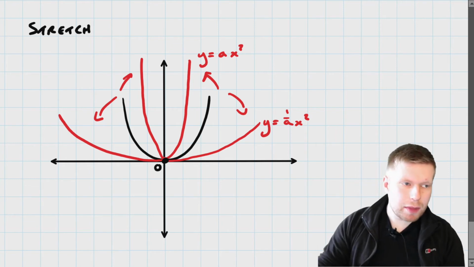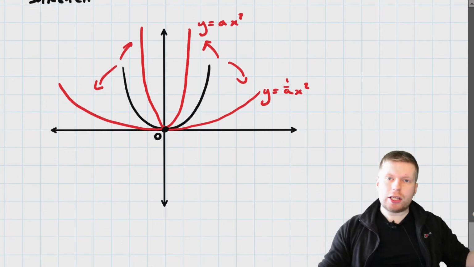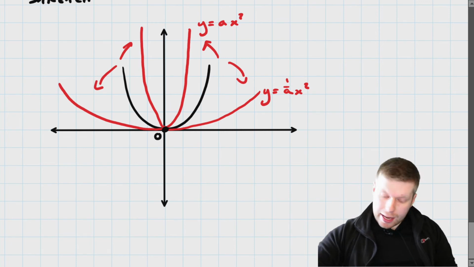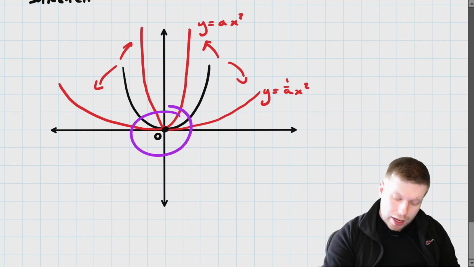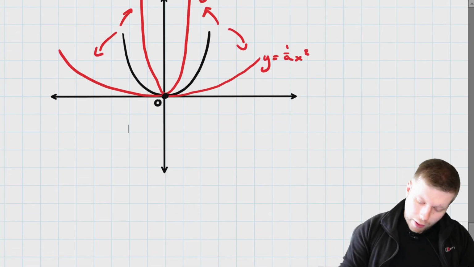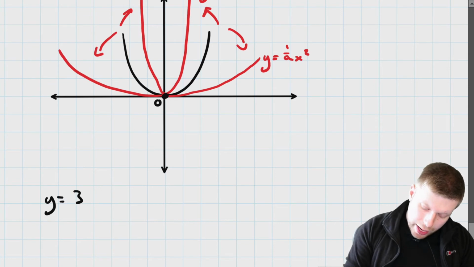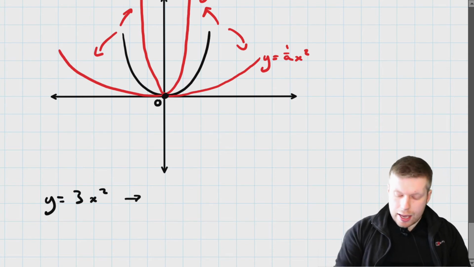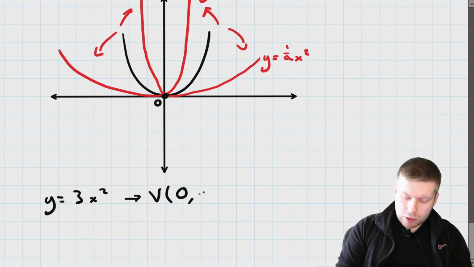So with stretching, I can basically change the steepness of the graph, but you notice that in each of these cases, the vertex, okay, so remember the turning point of the graph, doesn't change, okay? So as an example, if I take the graph y equals 3x squared, what this would mean is that actually the vertex would still stay at the origin.